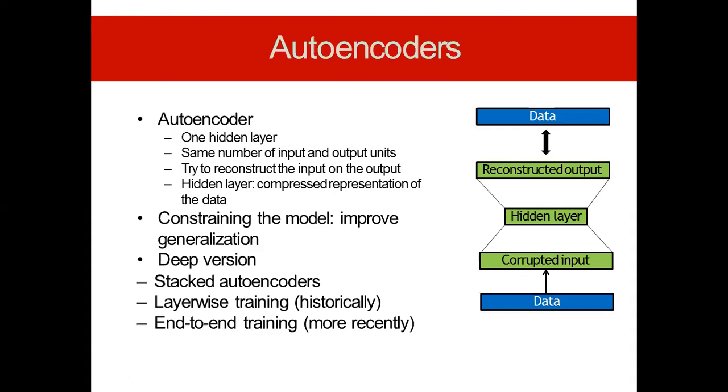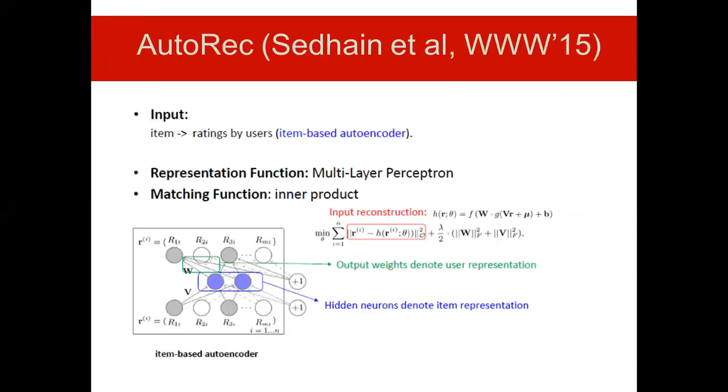That's why you can apply this autoencoder to learn the latent factors in a nonlinear way. Here is a representative work called AutoRec. It's essentially applying an autoencoder to learn latent factors.